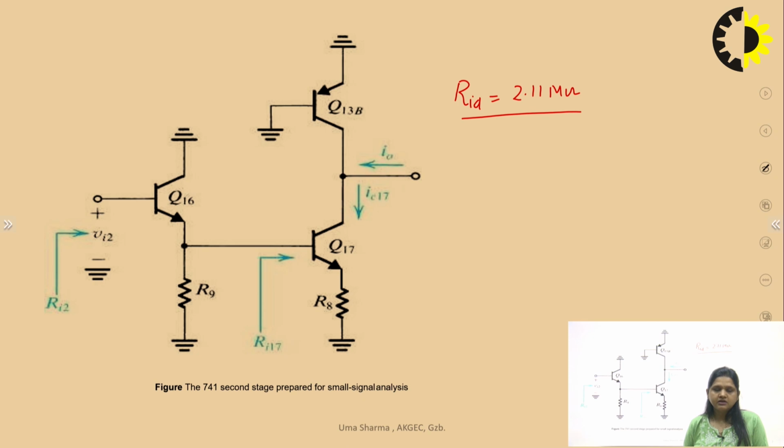We have seen that the input is applied at base of Q1 and Q2 in differential fashion. One terminal is at positive potential, the second one is at negative potential. And we have seen that the current in all four transistors Q1, Q2, Q3 and Q4 is same, all are connected in series, and I output has been calculated.